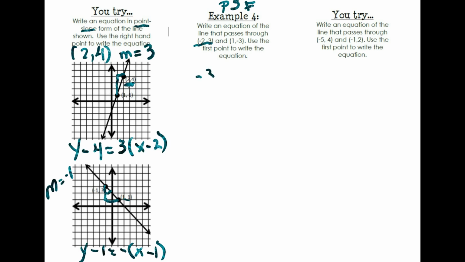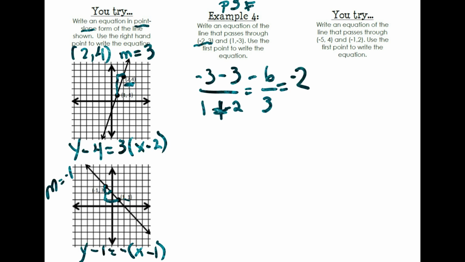So we have -3 minus 3 over 1 minus -2. All right, so -3 minus 3 over 1 minus -2. So we add those together and we get -6 over 3, which reduces to -2. So now we have the point -2, 3, and the slope of -2.